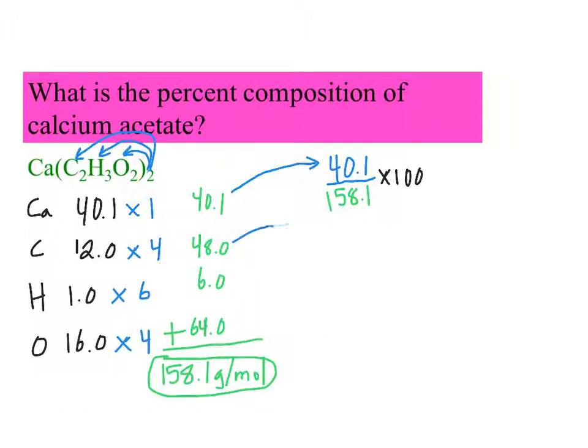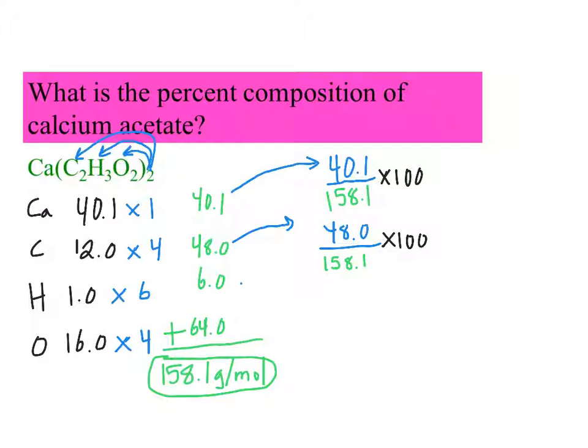Next, I'm going to take the mass that was carbon out of the molecule, which is 48.0, and I'm going to divide that also by the total. This is going to give me a percentage of carbon out of the entire mass of the compound, times 100 there to get a percentage.